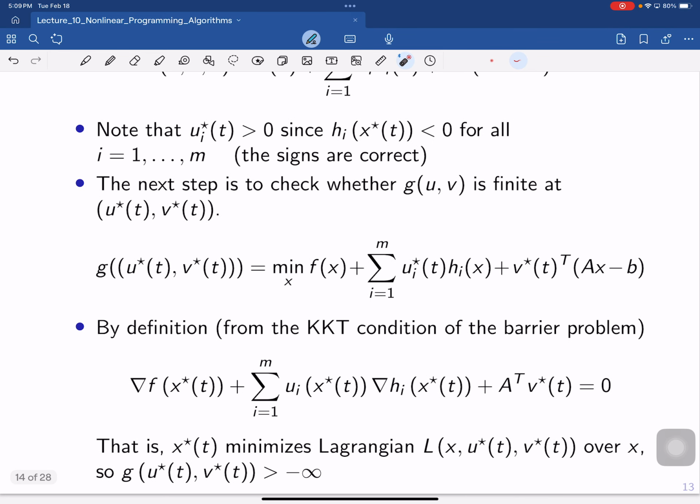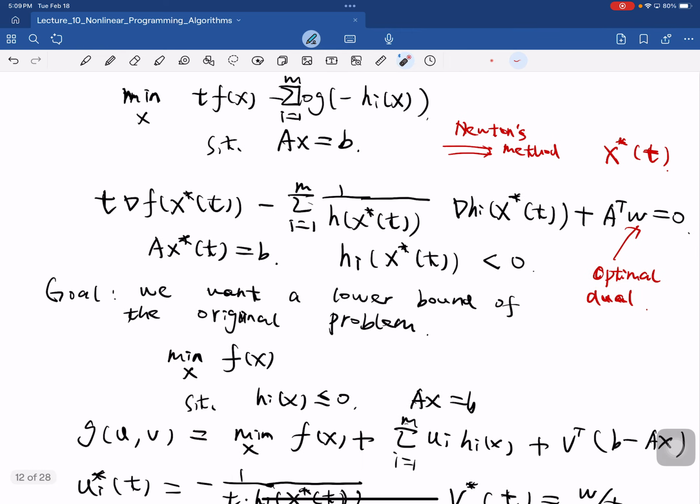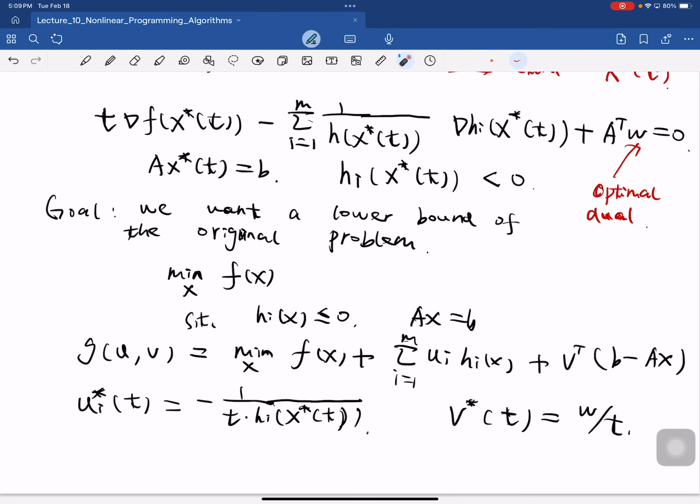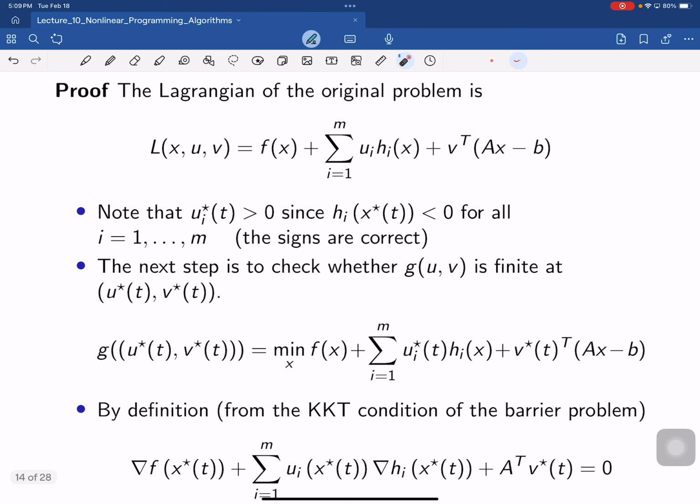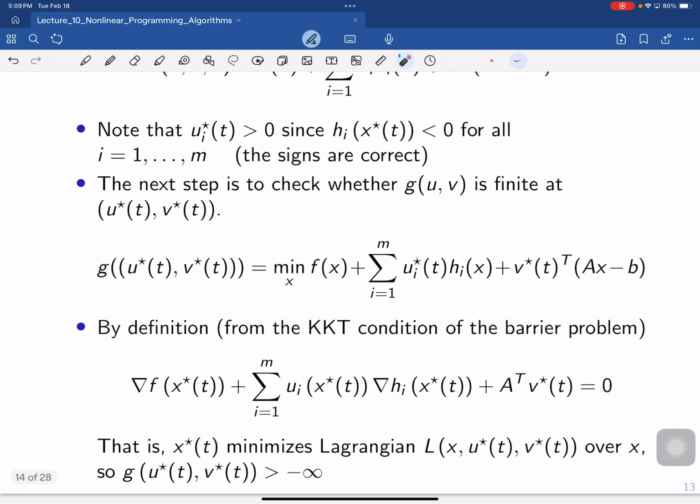Yeah, maybe I will just skip the math here because this is not so interesting. You could just check the math and believe me that if you set u star and v star to be that particular value, then you write down the optimality condition for this problem. It is equivalent to the KKT condition of the barrier problem. So therefore, x star minimizes this particular function.